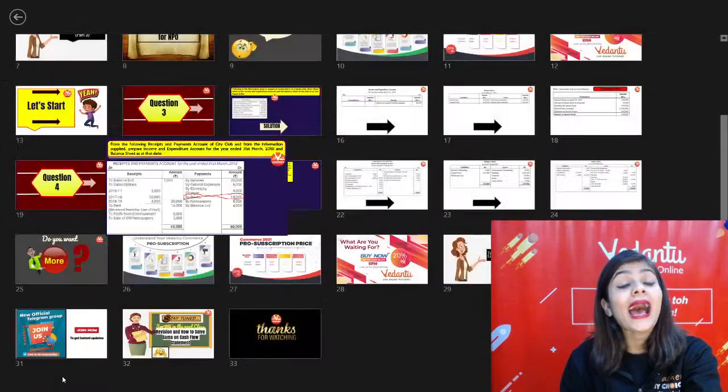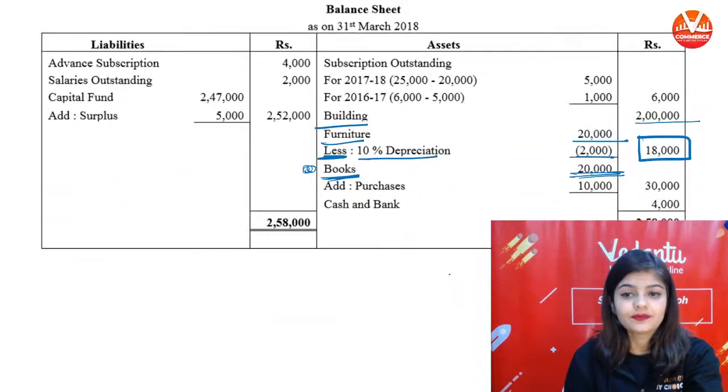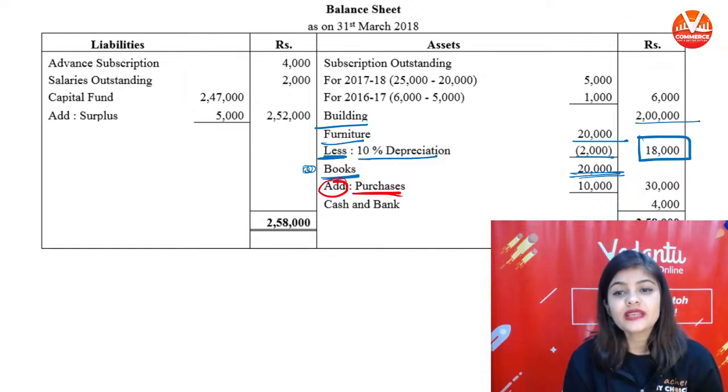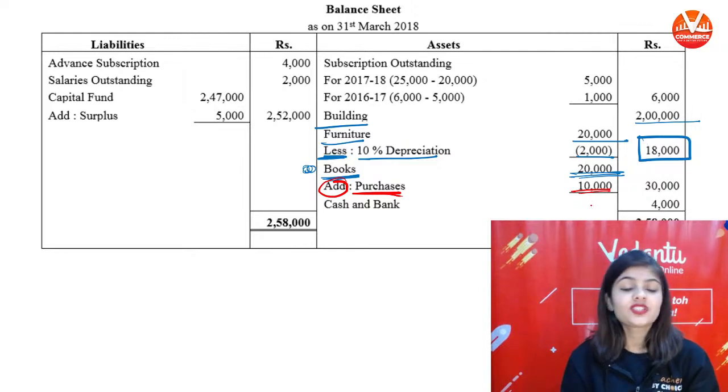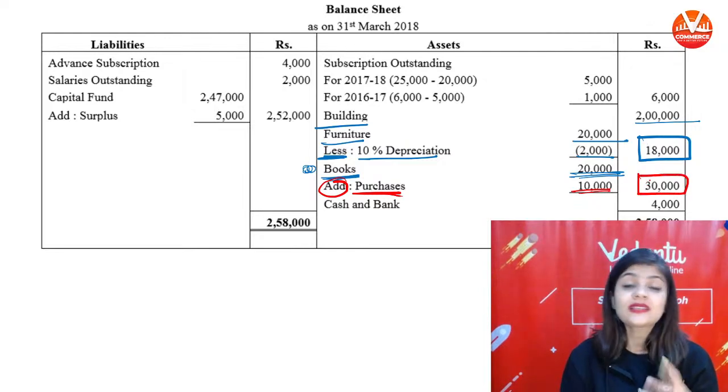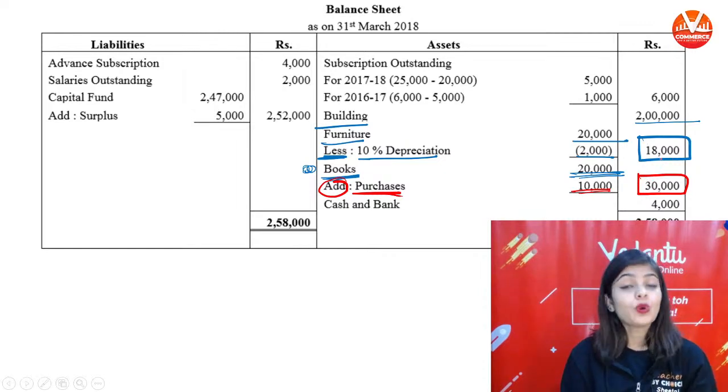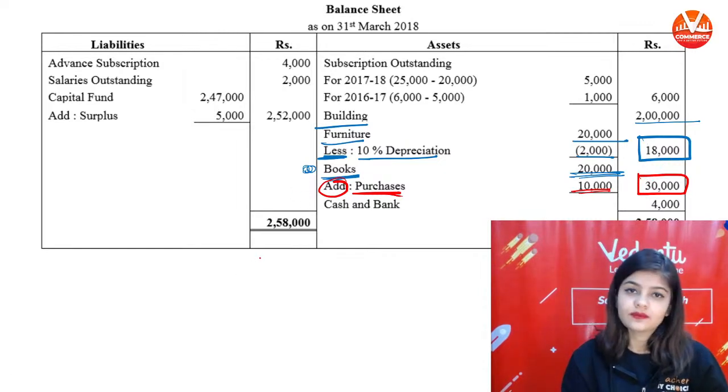So you will add these purchases. Opening value 20,000, add purchases 10,000. Now the final value of books is 30,000.